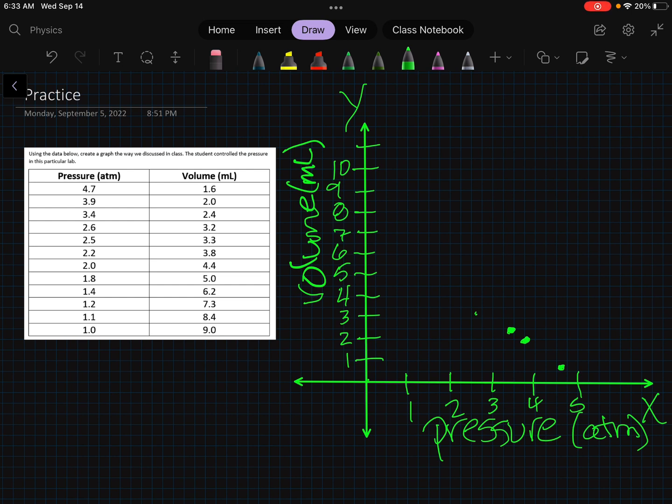What was it? 2.6 and 3.2. And then 2.2 and 3.8. 2.0 and 4.4.